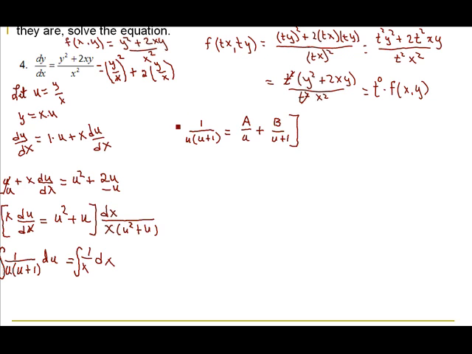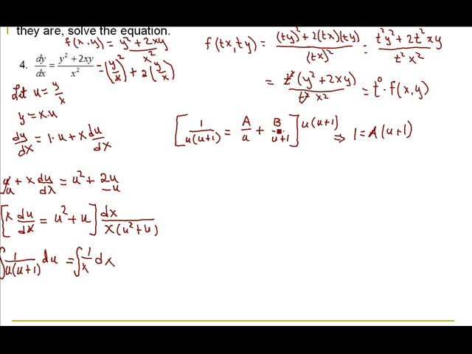If you multiply this entire equation by the common denominator, u times u plus 1, then you get 1 on the left side of the equation because the u and the u plus 1 cancel. On the right side, on this a, the u will cancel to leave you with a times u plus 1.